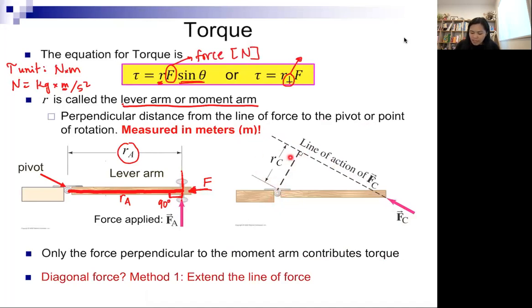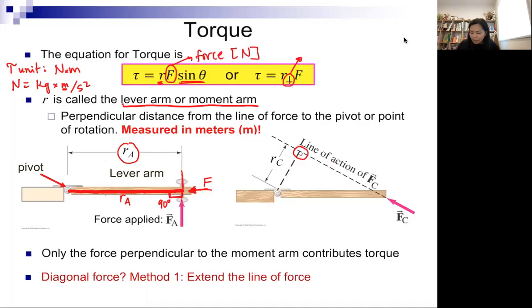So RC is the moment arm for this diagonal force FC. You notice how there's a 90-degree angle between the extended line of force and the moment arm RC. All right, so that's one way of determining the lever arm.